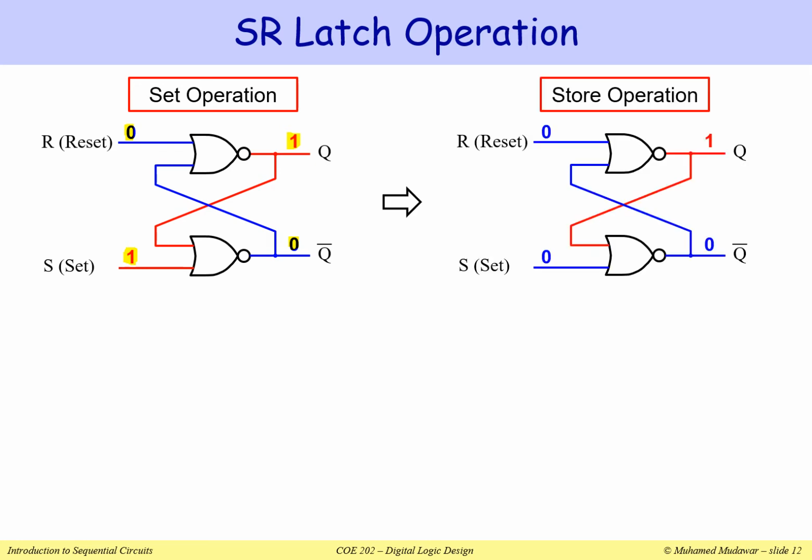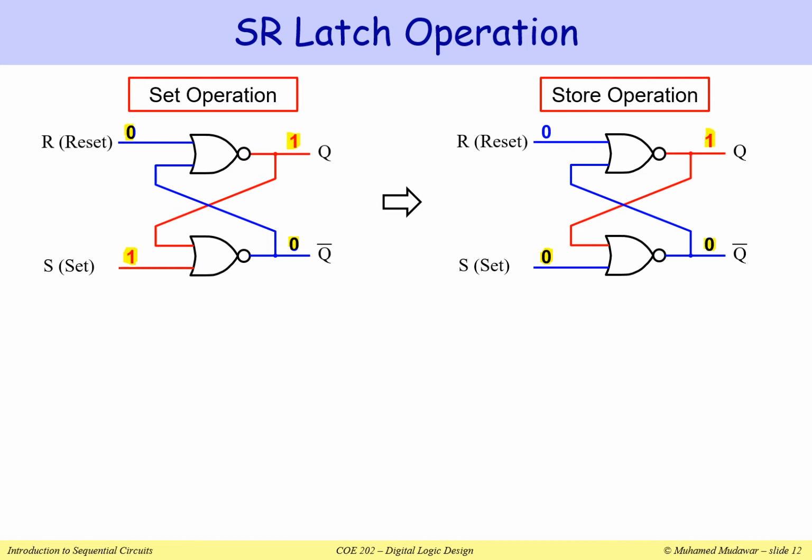Now suppose after a set, the value of S drops from 1 back to 0. The values of Q and Q bar will not change. Q will remain 1 and Q bar will remain 0. Because Q is equal to 1, Q bar is equal to 0, and because Q bar equals 0 and R equals 0, the value of Q will remain 1.